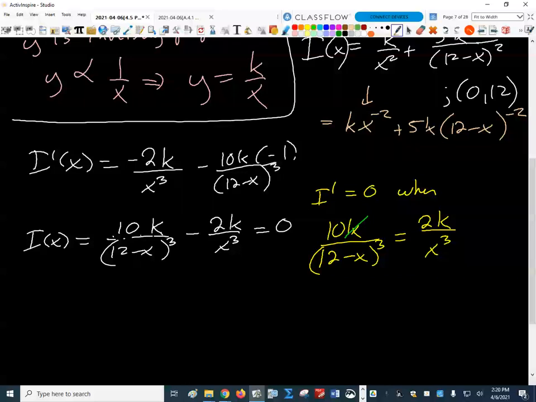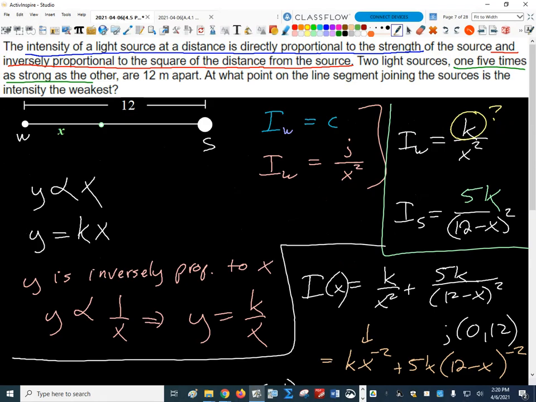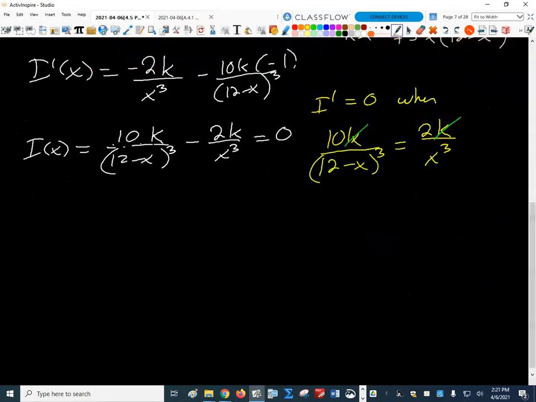They told us that. Okay, now if I cross multiply, look what happens here. I end up getting 10x cubed equals 2 times the quantity 12 minus x cubed. Okay, so I could divide each side by 2 and make that a 5.